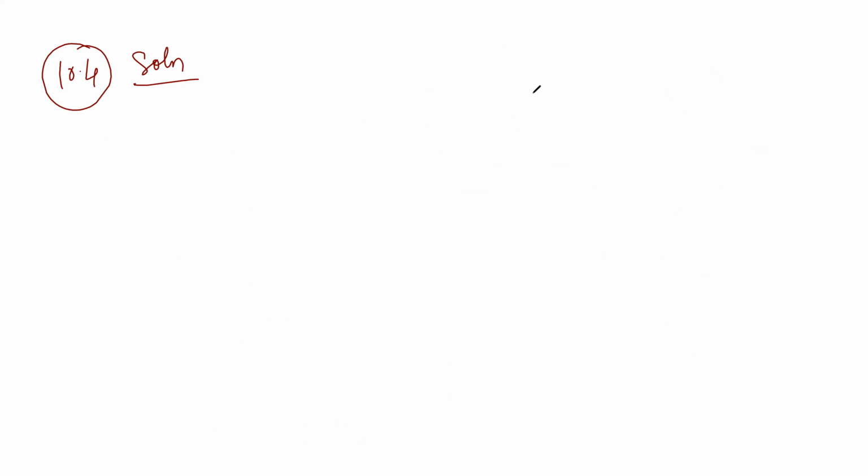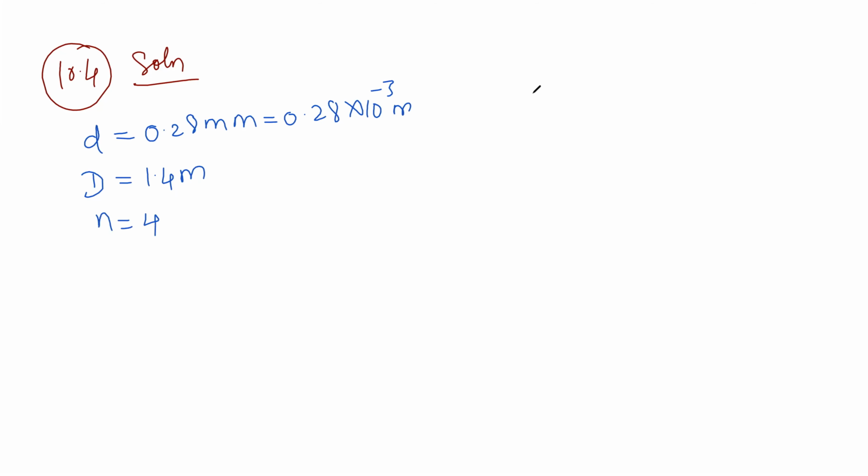So what they have given, distance between the slits, small d, that is 0.28 millimeter, and if you convert into meter it becomes 0.28 into 10 to the power of minus 3 meter. And distance between slits and screen, denoted by capital D, is given 1.4 meter. And next, distance between central fringe and fourth fringe, means n we are taking 4 because fourth fringe is there.